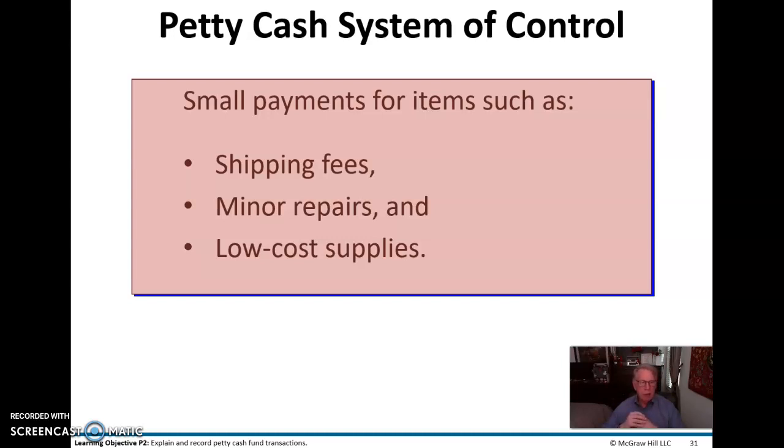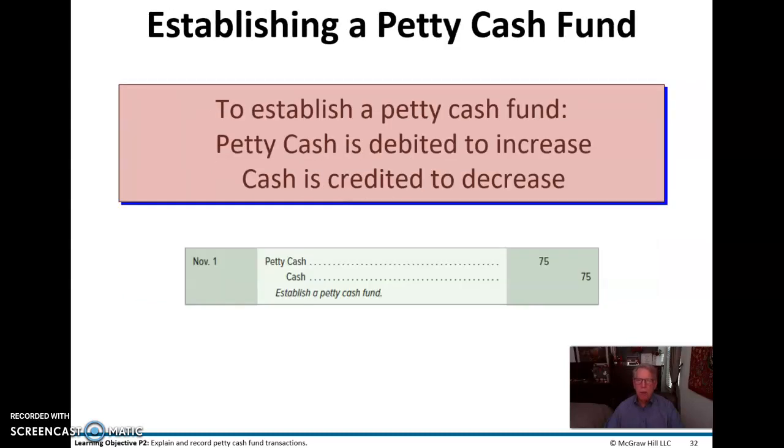That person lasted exactly one day before she abruptly left, taking the petty cash fund with her. Always will remember that. So, nevertheless, it's for small things, minor repairs, low cost supplies, little things. It has the opportunity to be misused.